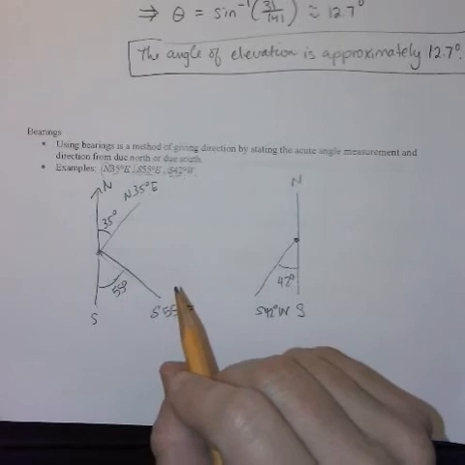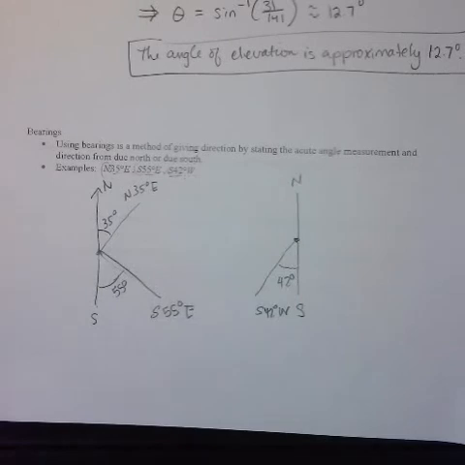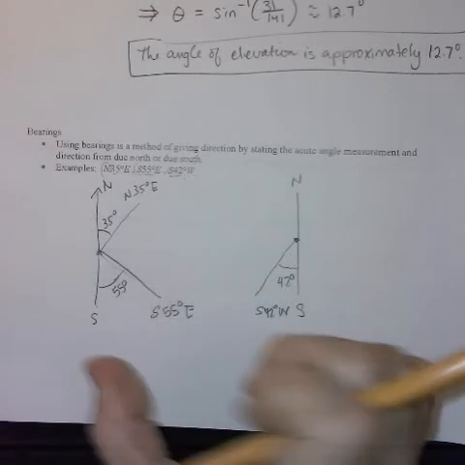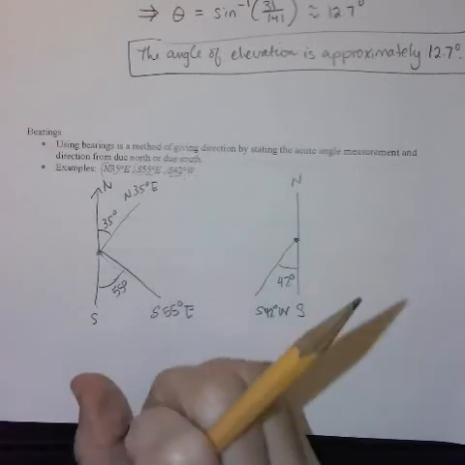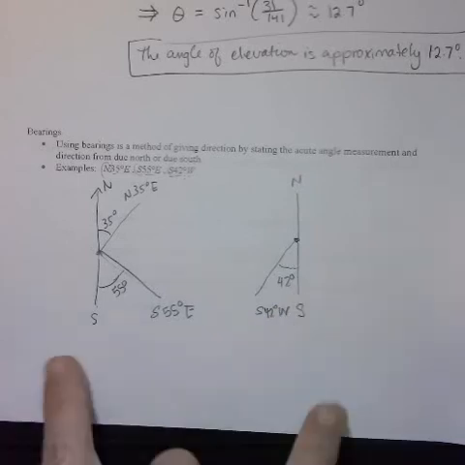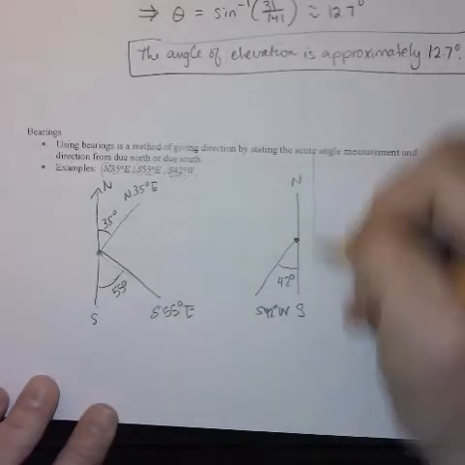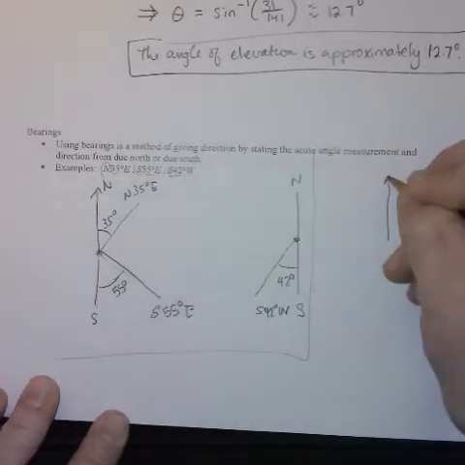There are also bearings that are used in flight that are a little different than this. This is usually what I will use, but in your homework you might sometimes see bearings that are used in aviation. And those are always measured from the north line.